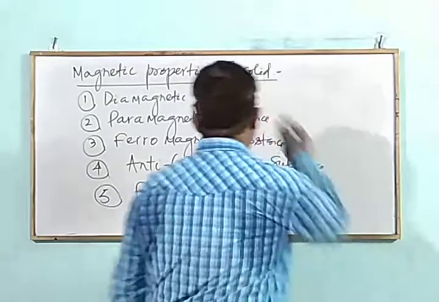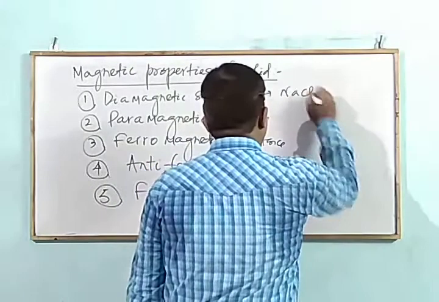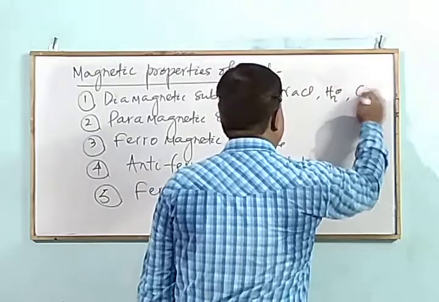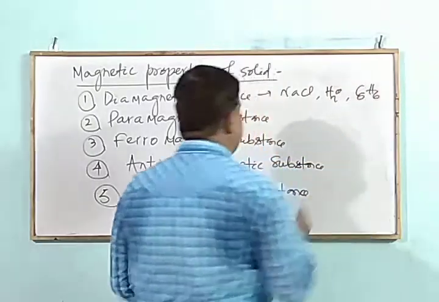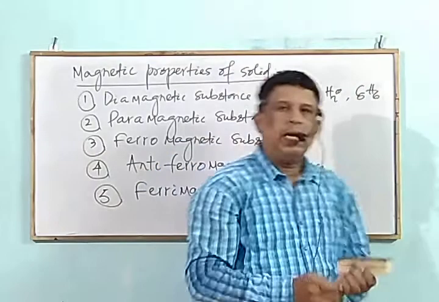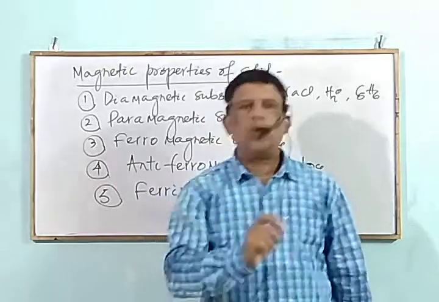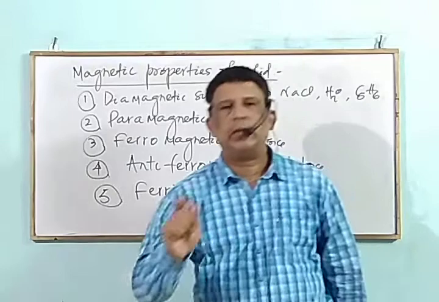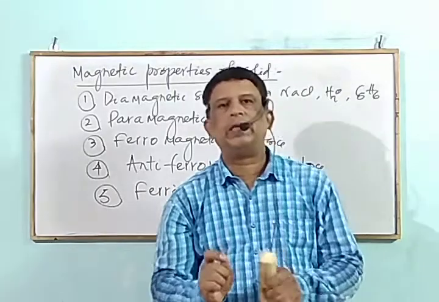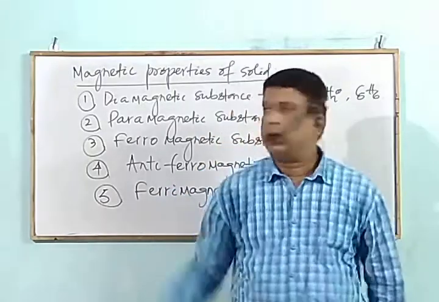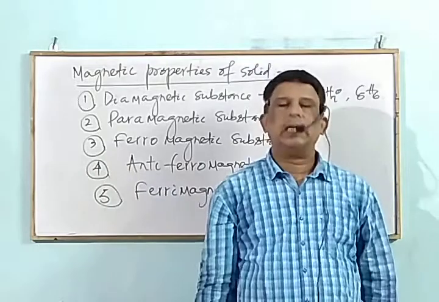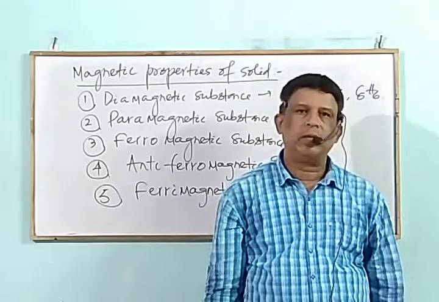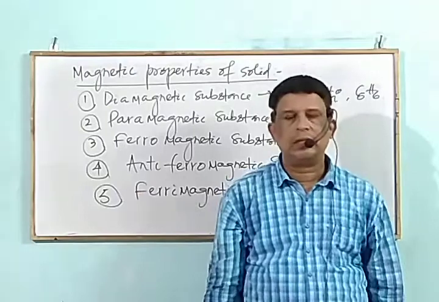For example, sodium chloride, water, benzene. In these cases, all electrons are paired up. No unpaired electrons are there. That's why they are not attracted by the magnet, somewhat a little bit repelled by the magnet. These solids are known as diamagnetic solid or diamagnetic substance.